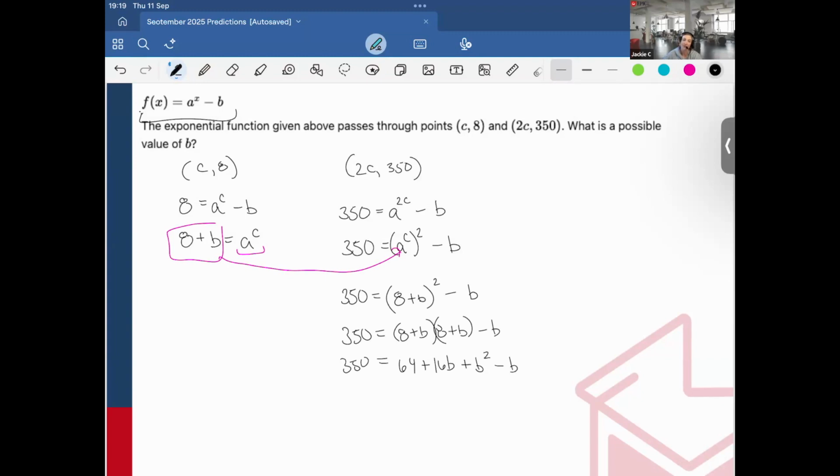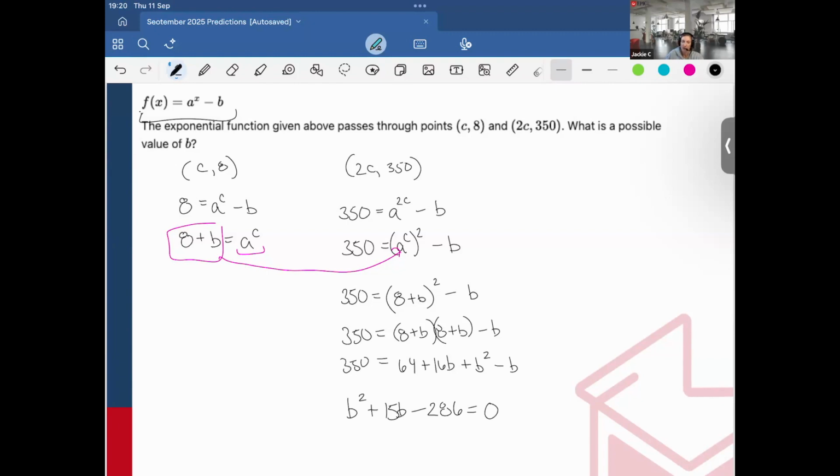And then here I'm getting that it's going to be a quadratic. So put everything in terms of 0. We'd have b squared plus 15b, and then move the 350. So b squared plus 15b minus 286 is equal to 0.